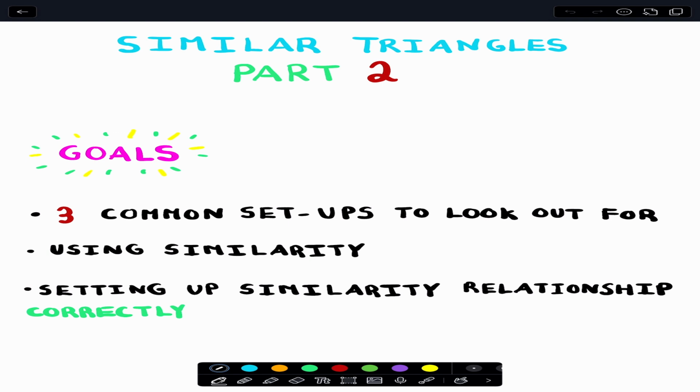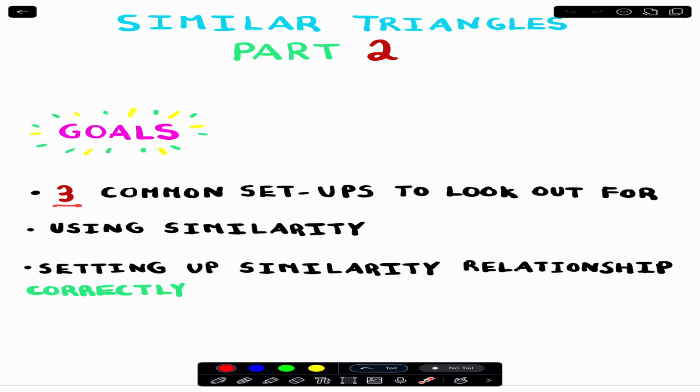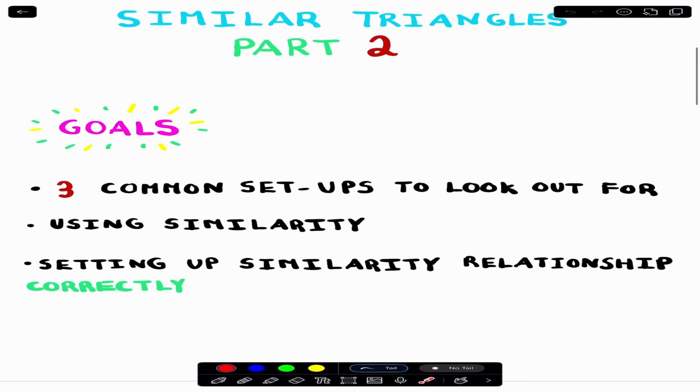So in part 2, we're basically just going to take what we learned in part 1 and apply it to some problems. By the end of all of these problems, we have a few goals. I want you to get very familiar with 3 common setups. So I want you to look out for these. Whenever you see these familiar looking setups, hopefully you will know that is your cue to use similar triangles.